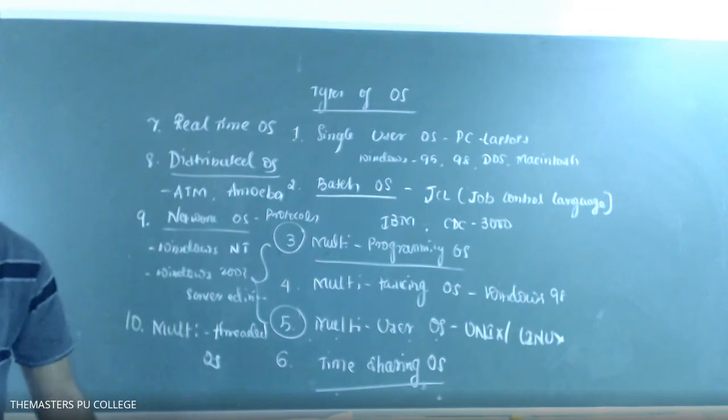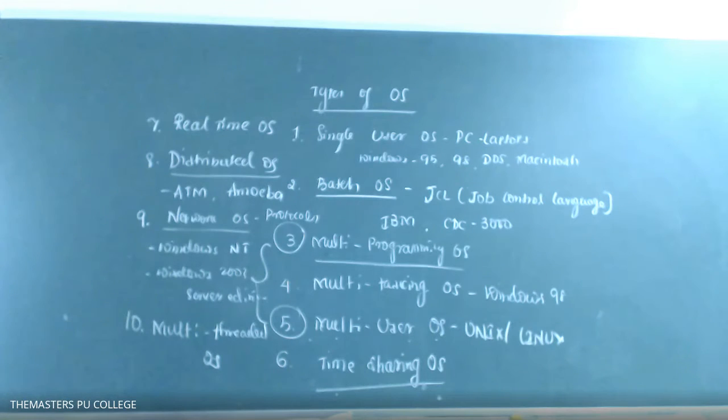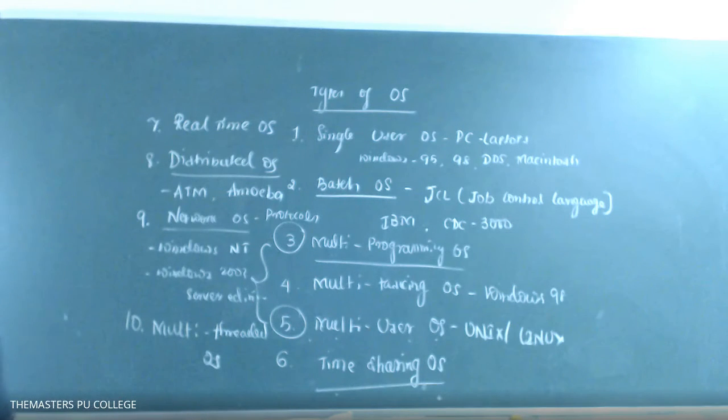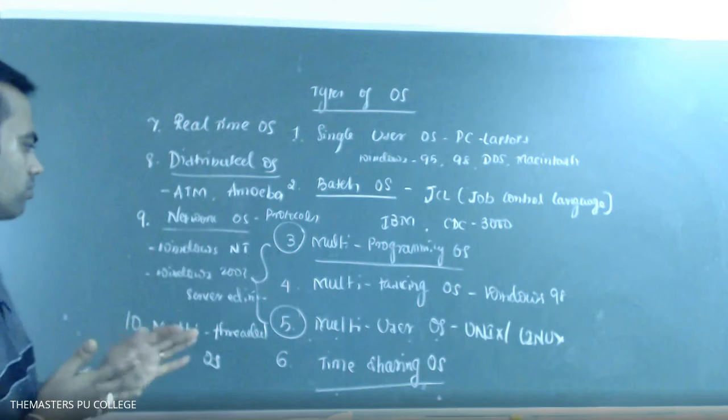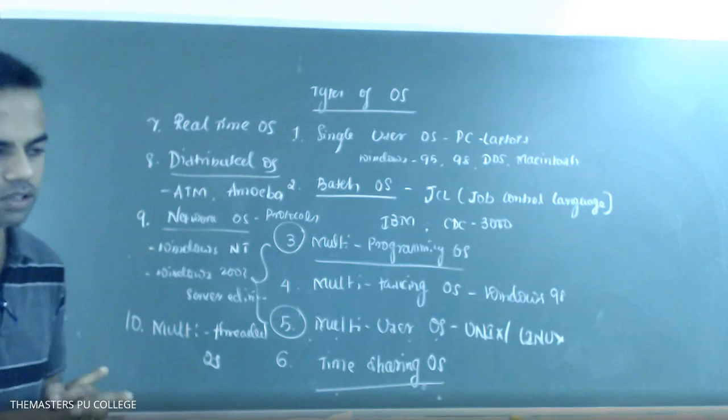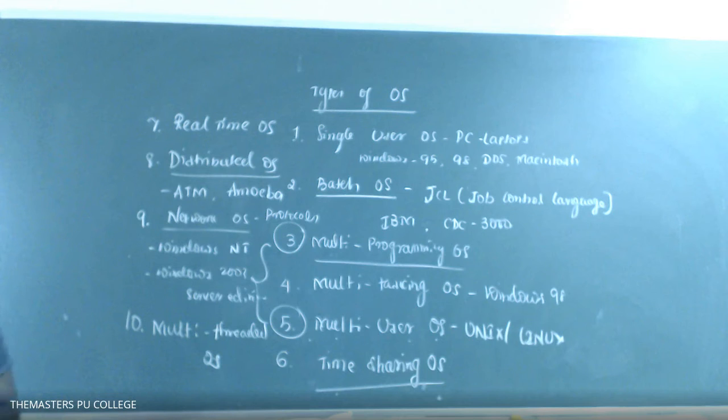This is the 10th and the last one. A thread is a lightweight process, and it's a basic unit of CPU utilization.